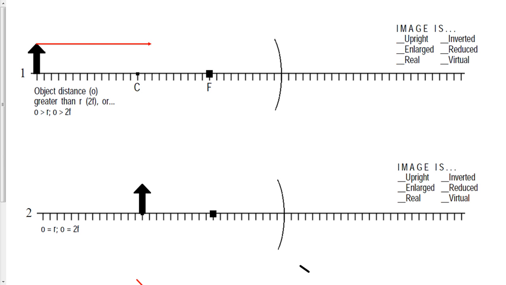So from the top of the arrow, the first ray comes in parallel, reflects through the focal plane. You have a virtual ray, which goes in the opposite direction of the reflected ray.